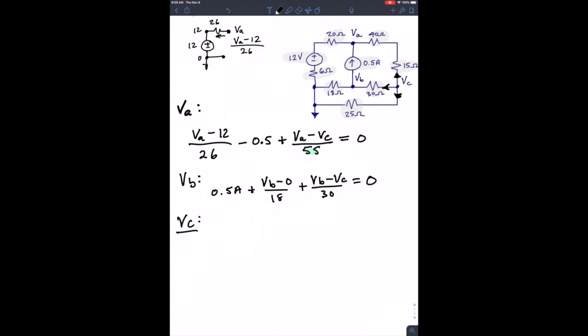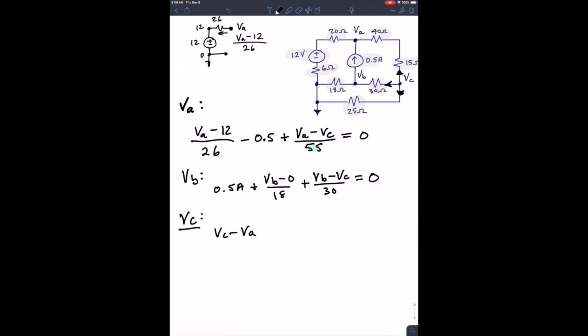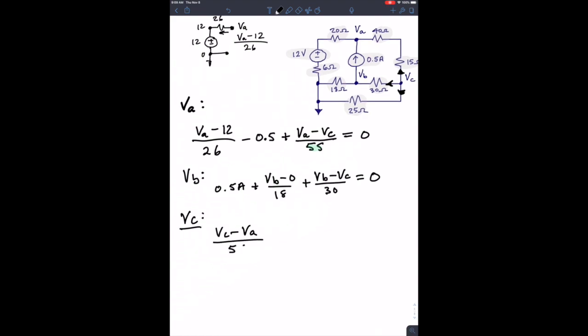The current coming up would be VC, and the voltage across it is VA, and there's a series combination of resistance just like we did for node A. That takes care of the current coming up from node VC. The current coming back to the left would be VC minus VB divided by 30. And finally the current coming down.